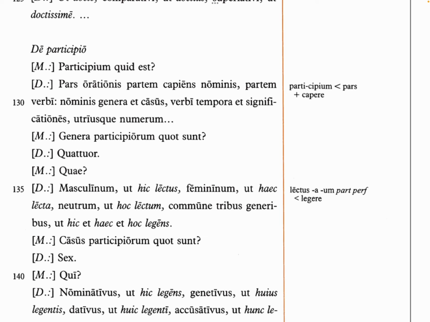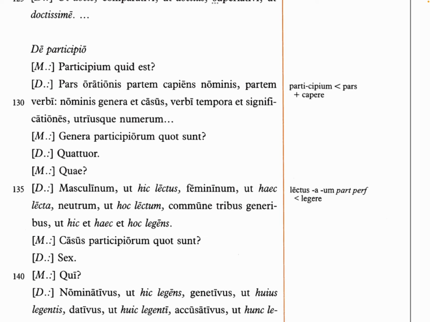And then femininum, the feminine, ut haec lecta, as this having been read. And here you might understand something like haec epistula lecta, this letter having been read. Neutrum, ut hoc lectum, neuter, as this having been read. And here you might understand hoc verbum lectum, this word having been read.